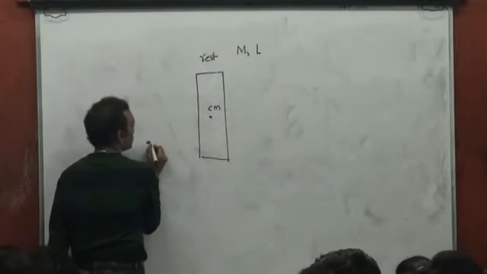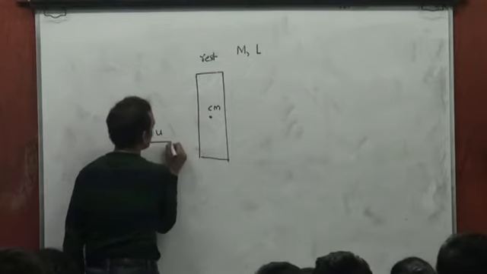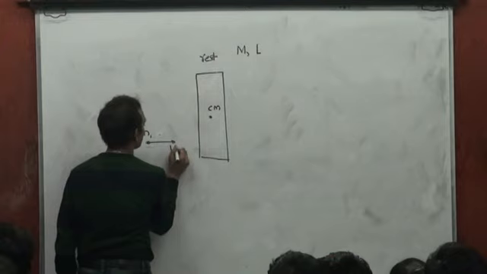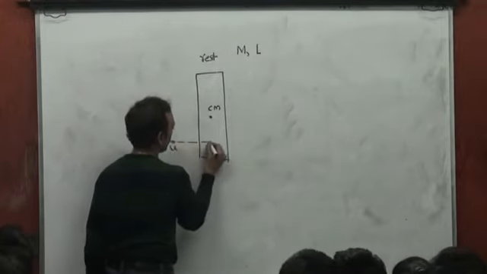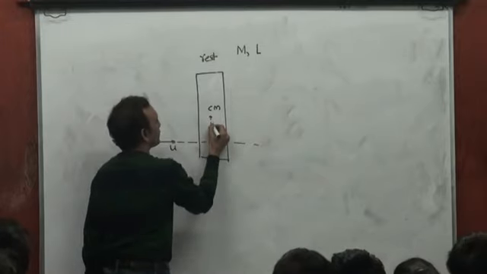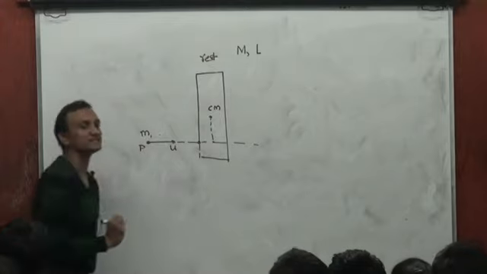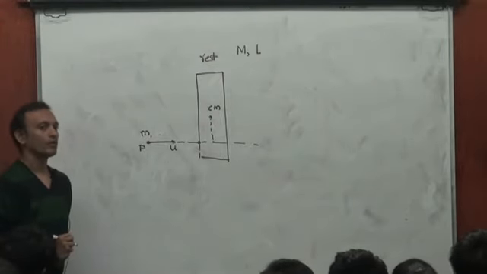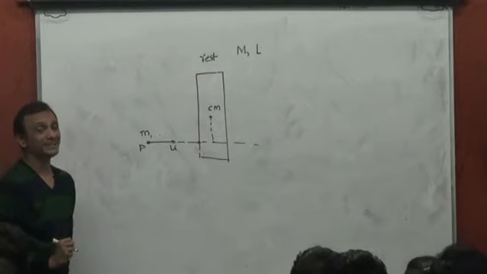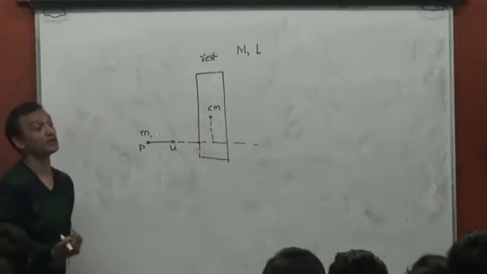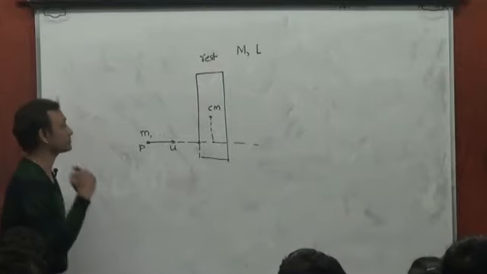There is a particle p of mass m moving with a velocity u, and it hits the rod at this point in a manner that after it hits the rod, the particle comes to rest.